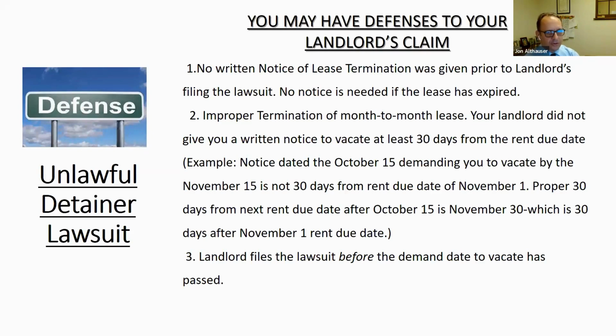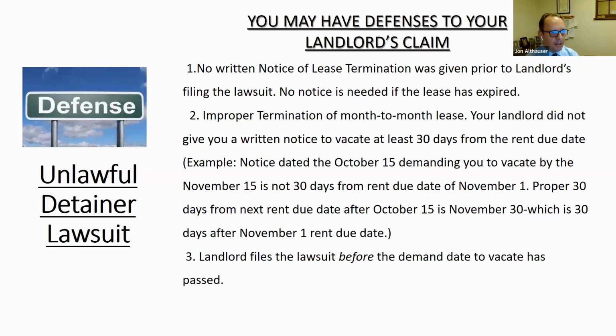So these are all issues that could come up in an unlawful detainer claim, because if the lease was not terminated, right, the judge is determining whether or not you have the current right to be there. So if the lease was not properly terminated, you still have a right to be there, okay?